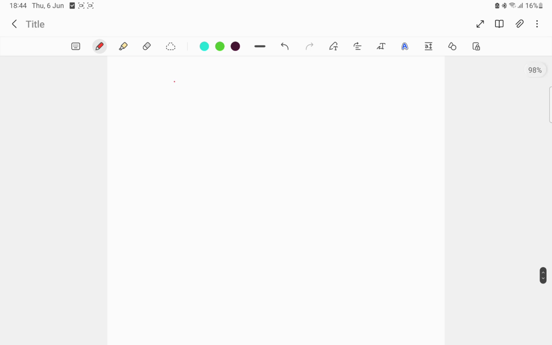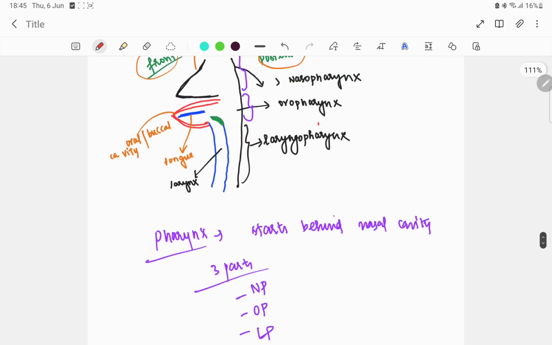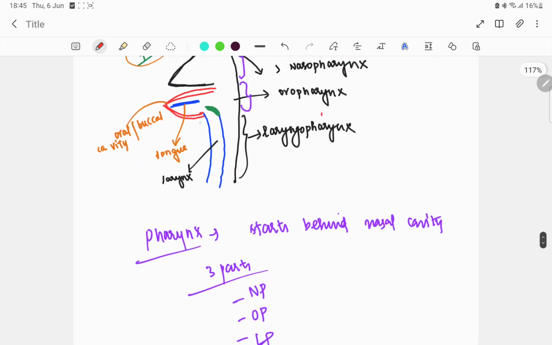Next one is the larynx. The larynx is present below the oral cavity, isn't it? We saw in the diagram that the larynx starts below the oral cavity.